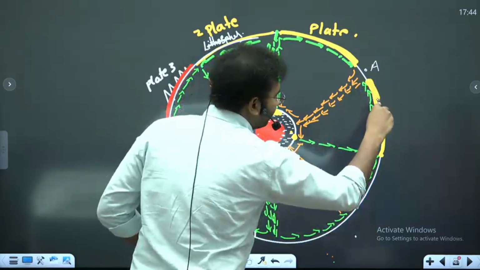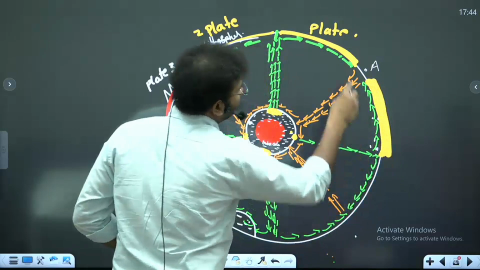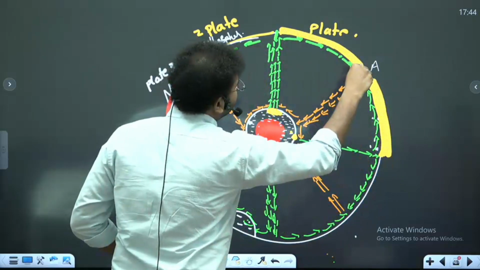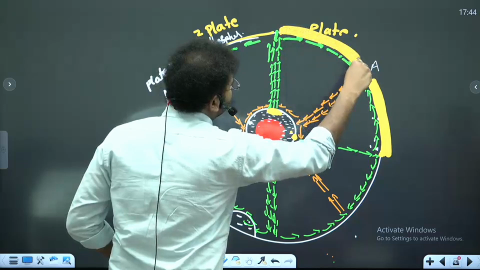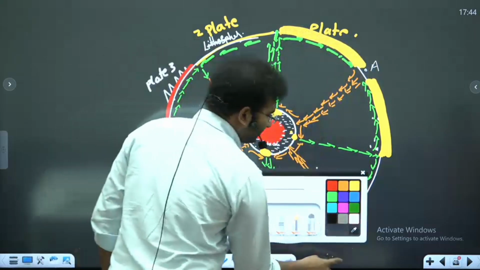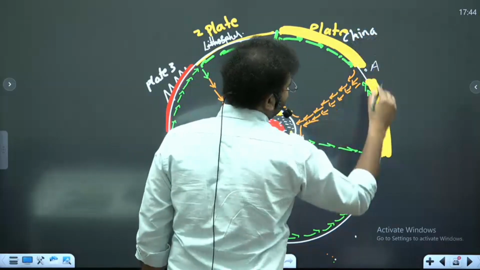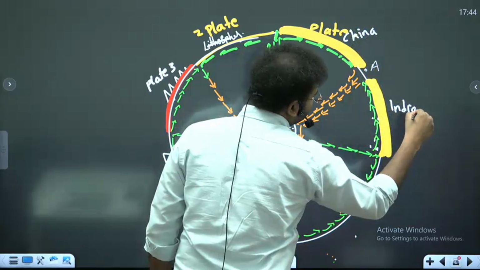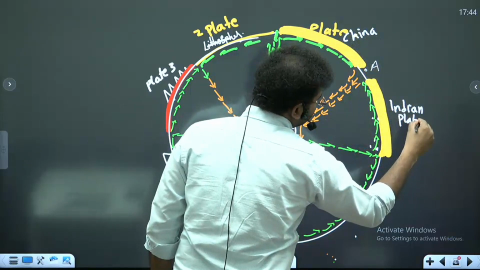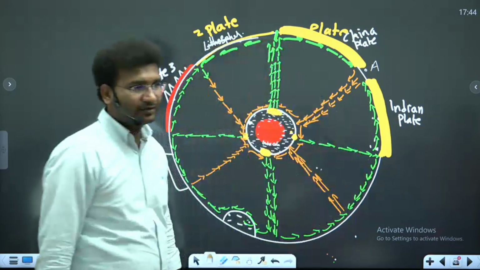Dekho, I'll exaggerate this diagram. Imagine this is one plate and this is another plate. Okay? And here I'll call this as China. I'll call this as Indian plate or Eurasian plate.